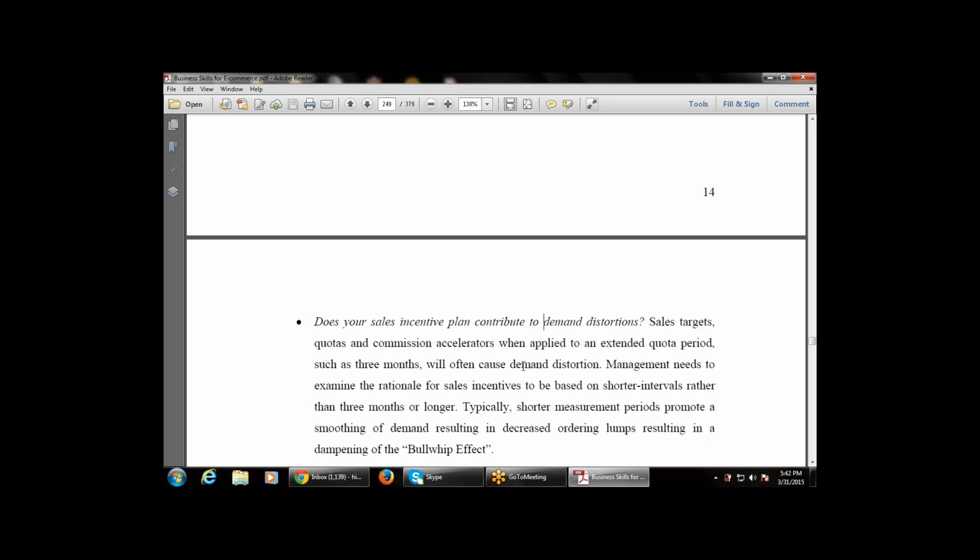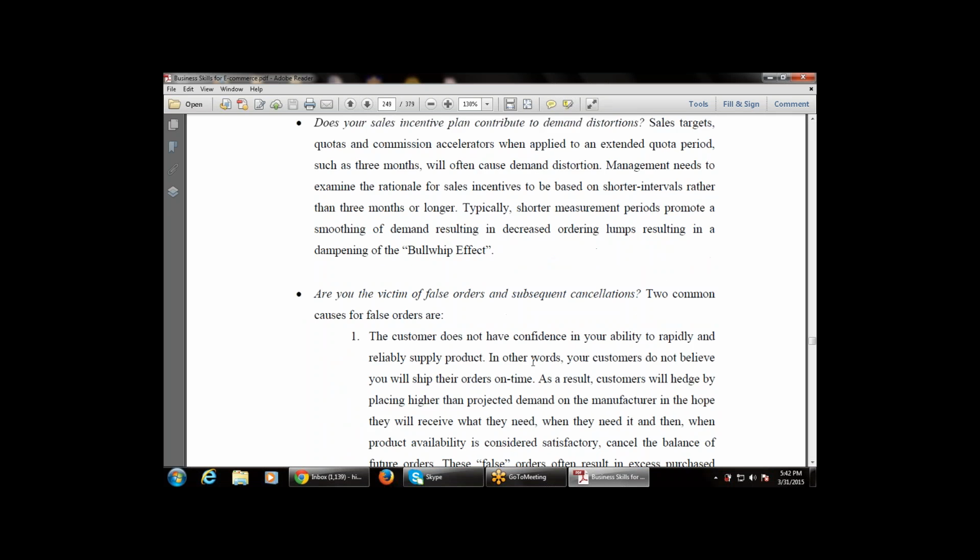Typically, shorter measurement periods promote a smoothing of demand, resulting in decreased ordering lumps and damping of the bullwhip effect. So this is the next question: does your sales incentive plan contribute to demand distortion or not?